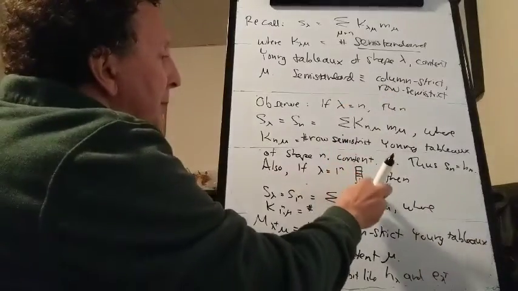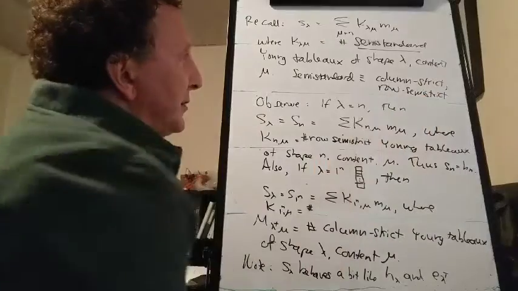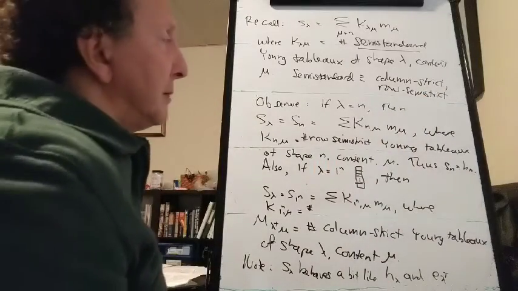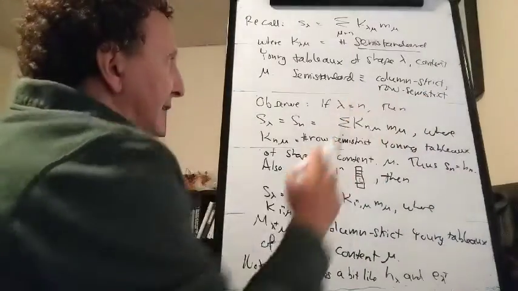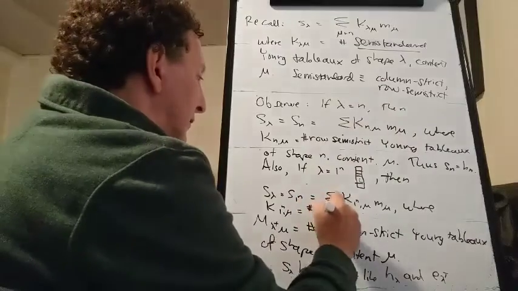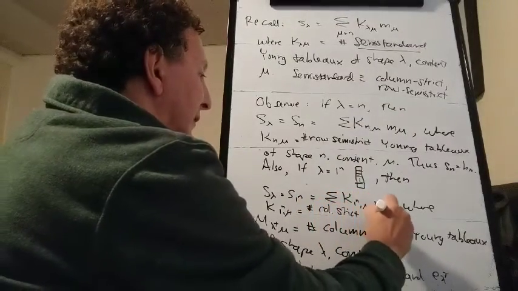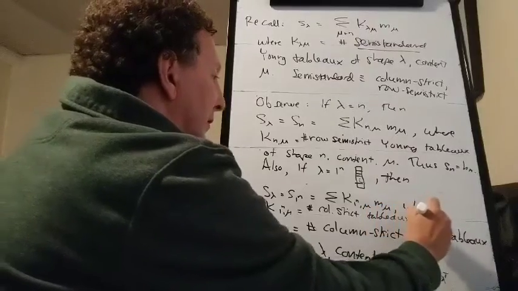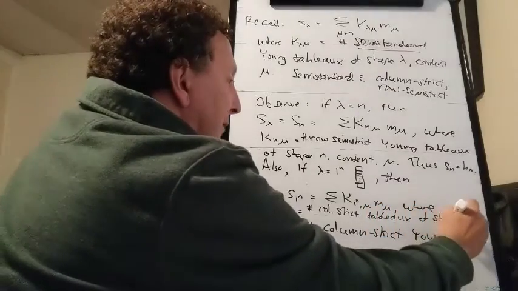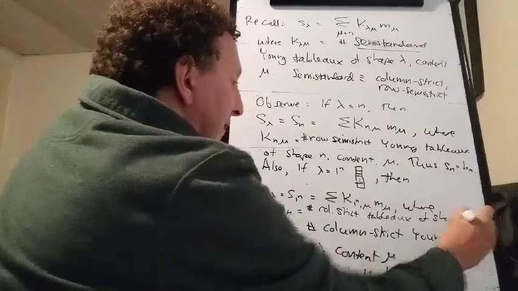But if there's only one box in each row, then the row semi-strict condition becomes moot. And we're just looking at column strict tableau, so the number of column strict tableau of shape 1 to the n and content mu.